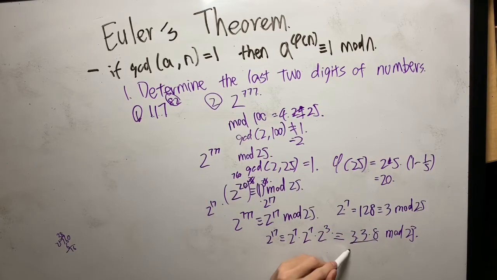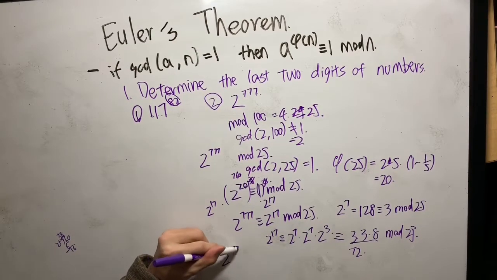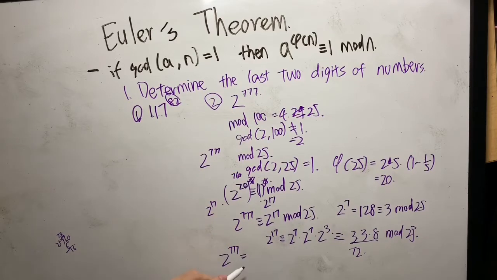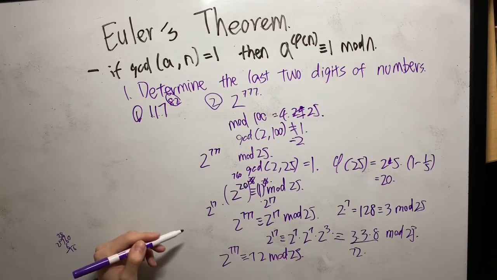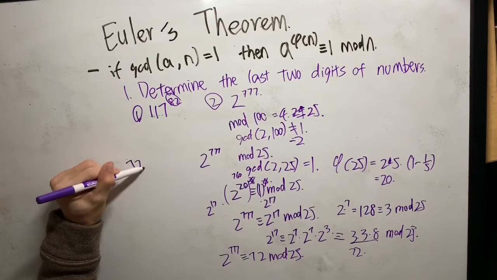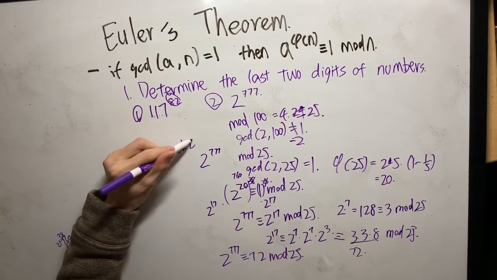And that's 72. So 2^777 is congruent to 72 mod 25. And 72 is congruent to 22 mod 25.